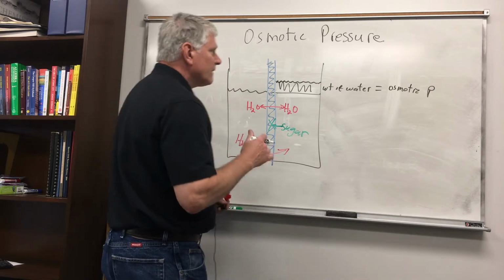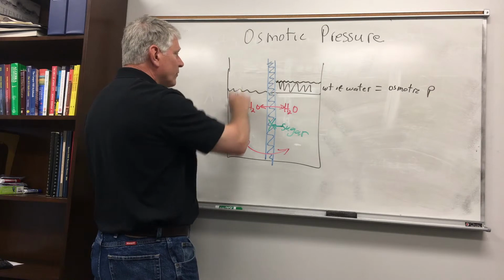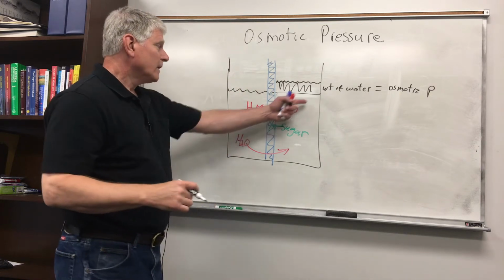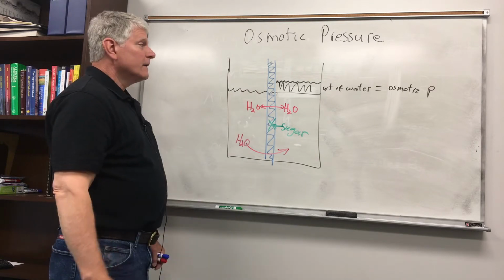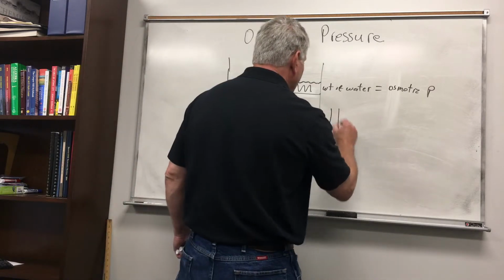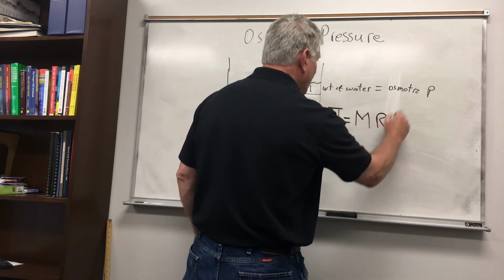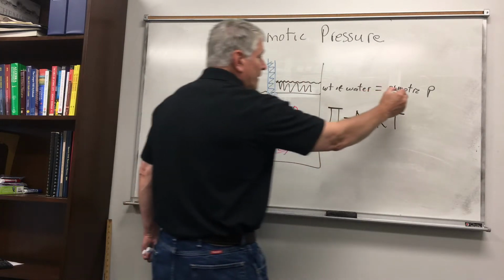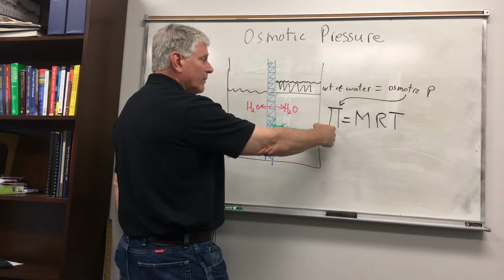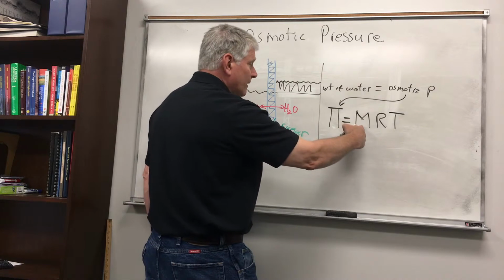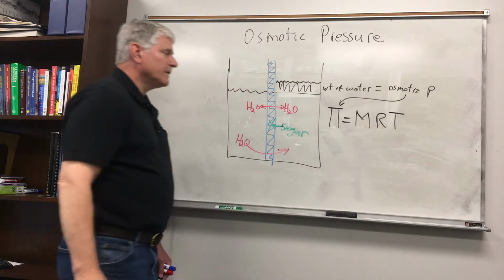So it's just like we had put the weight on the left side and forced the water down through the divider from left to right. So this is the osmotic pressure of the solution. The osmotic pressure, given the letter capital pi, is the molarity of the sugar solution times the ideal gas constant times the temperature.